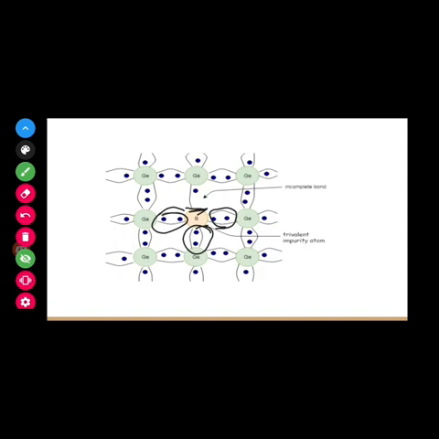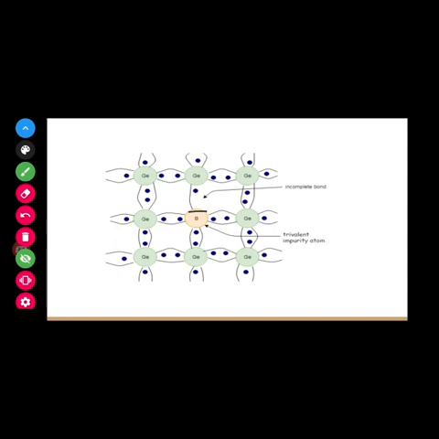There is no bond. Since there is a hole here, an electron from the neighbor can jump to this particular hole. So there's a hole here and electrons can jump to it.